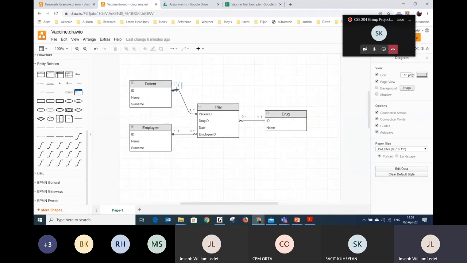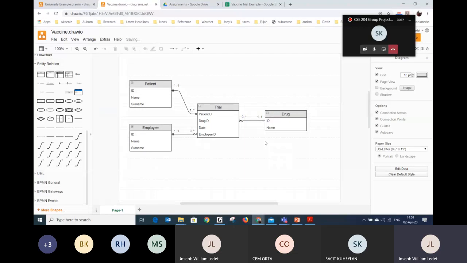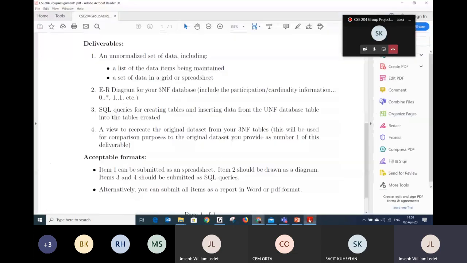Whereas with draw.io, if I make this connected to here and this connected to here, and I want to move this somewhere else on the page, notice that the relationship follows it. It's really nice to be able to move things around and make changes like that without having to erase or redraw a lot. Okay. All right. So that's number 2.